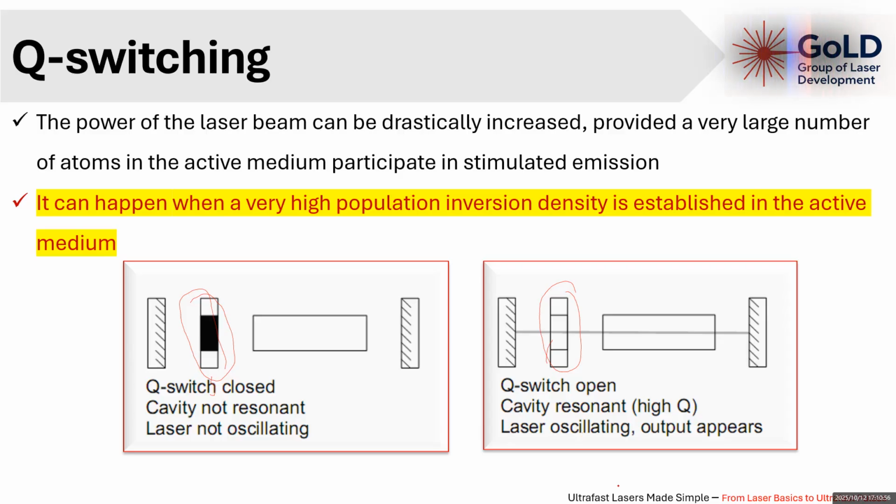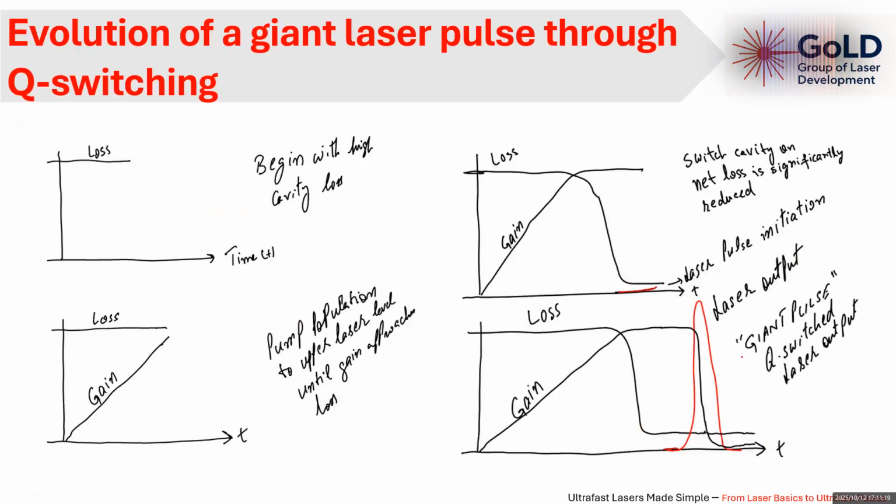When the cavity is blocked, there is no laser output. When the cavity is then unblocked, we can see the giant pulse at the output. This was the basic concept in Q switching.